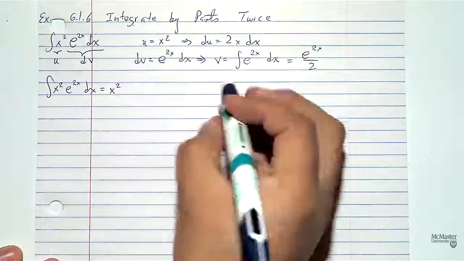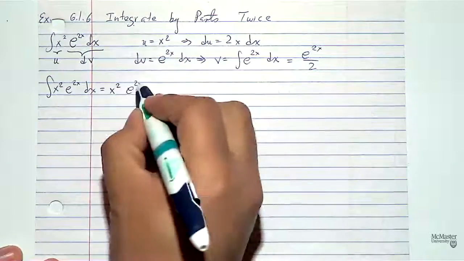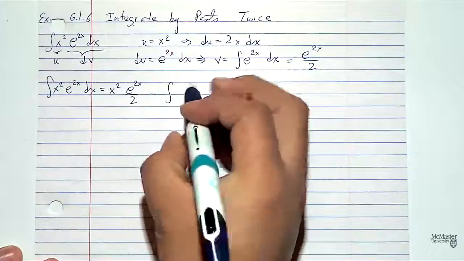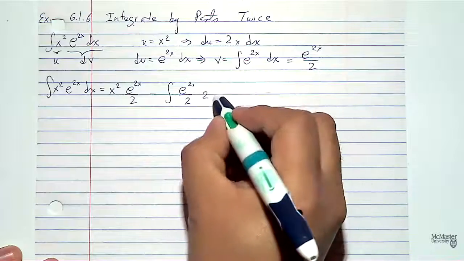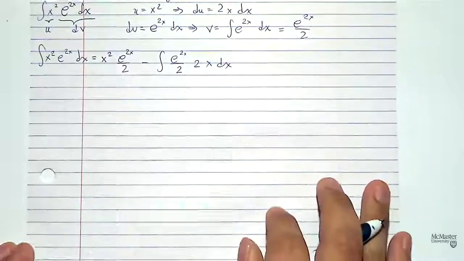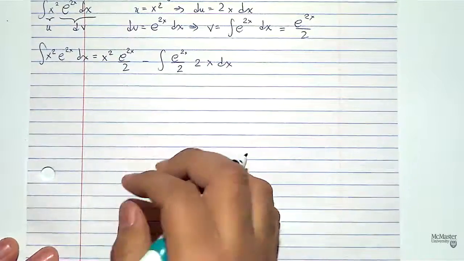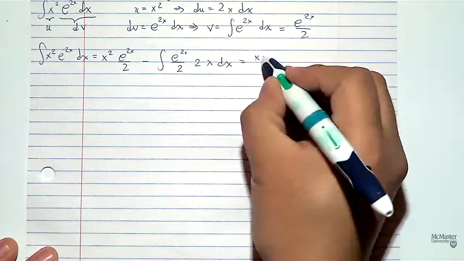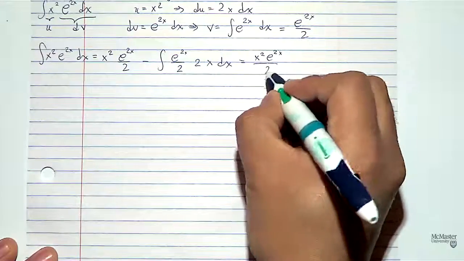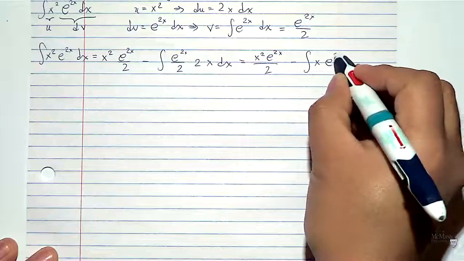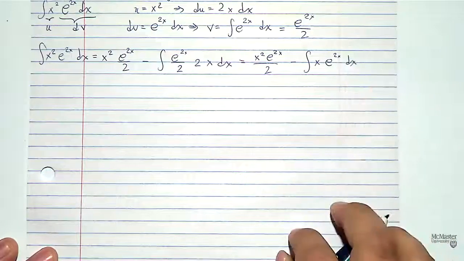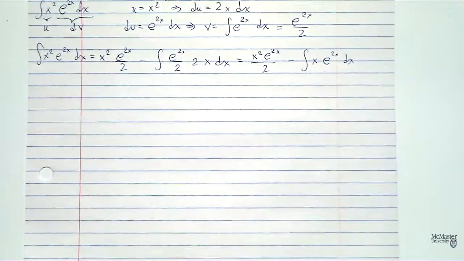So this is my u times v minus the integral of v du. I get a cancellation of the 2, so that's pretty neat. This is x squared e to the 2x over 2, which represents the product uv, and then minus the integral of x e to the 2x dx. So this is my v du.